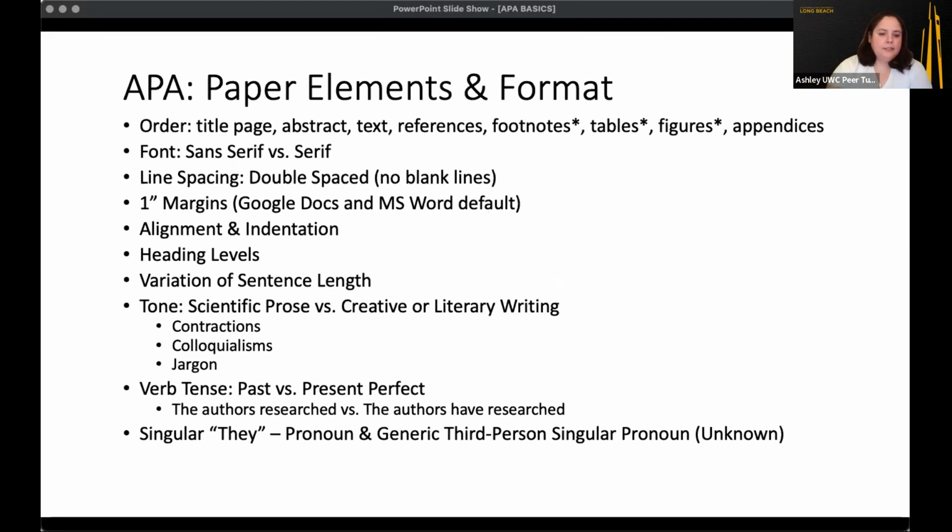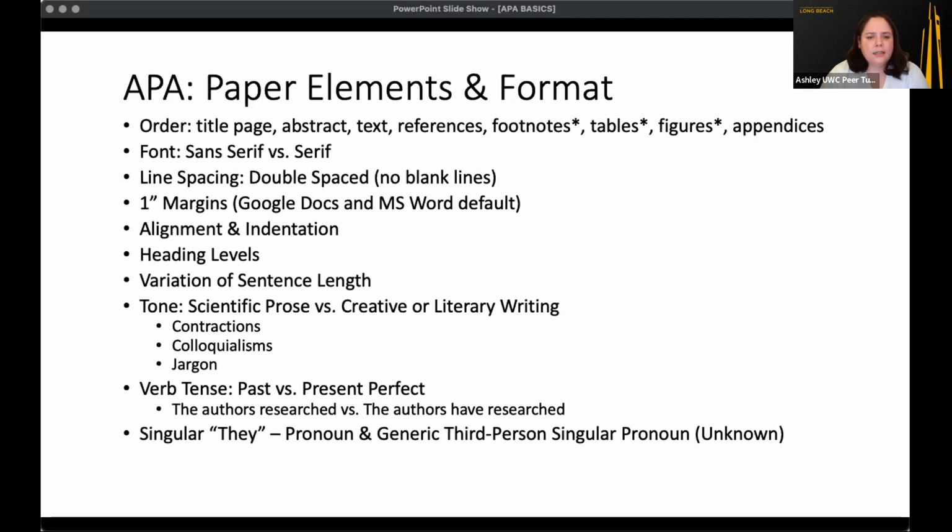Again, if you have questions, feel free to put it in the chat or stop me. So, APA elements. Make sure an APA paper has a title, an abstract, the text, references, and sometimes footnotes, tables, figures, and appendices.